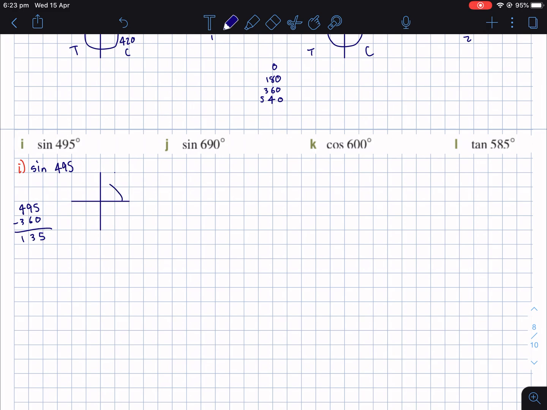So it's gone around a full 360 and it's gone an extra 135 degrees. So that's 495 degrees, which means this bit is 45. And SATC, sine is positive, so sine 495 equals positive sine 45, which means, and sine 45 was positive 1 on root 2, or root 2 on 2.